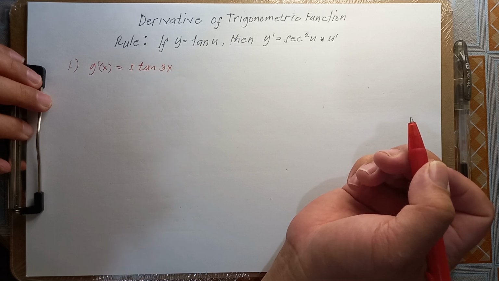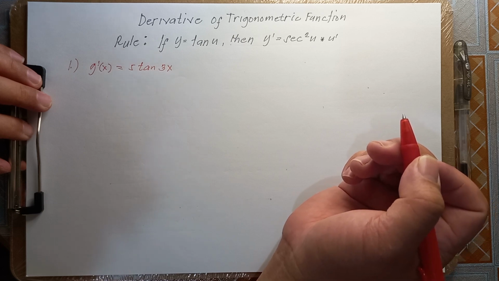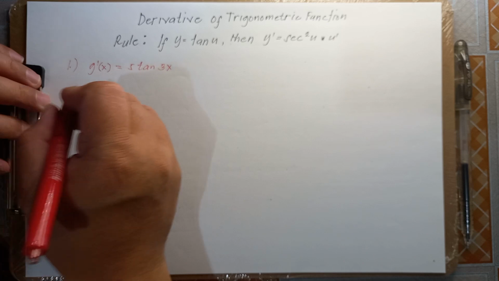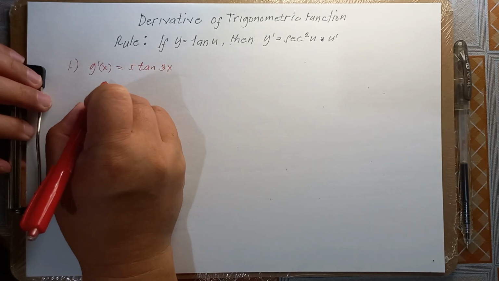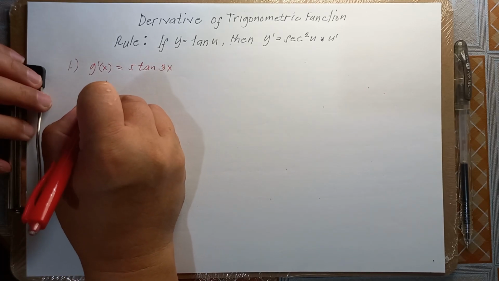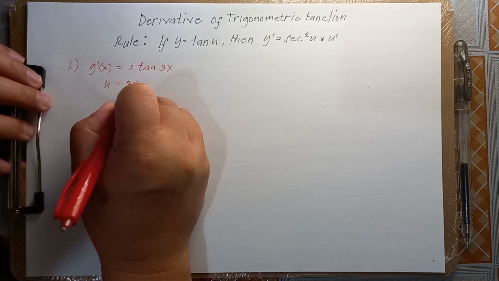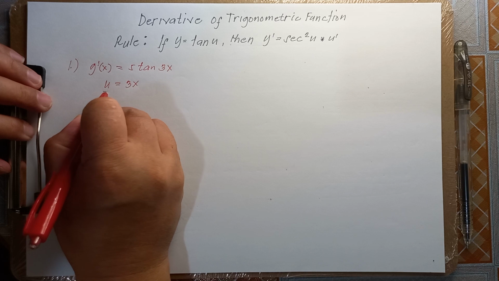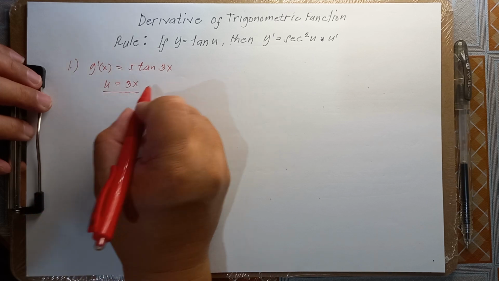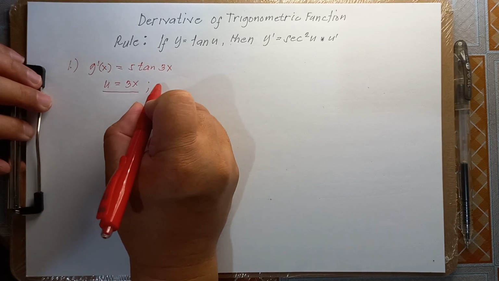So what would be its derivative? Now here we have to identify our u. Our u is actually 3x. After identifying the u, we have to get its derivative.